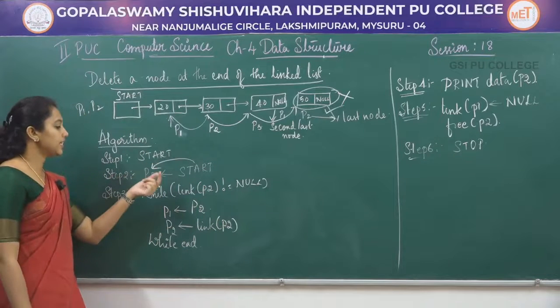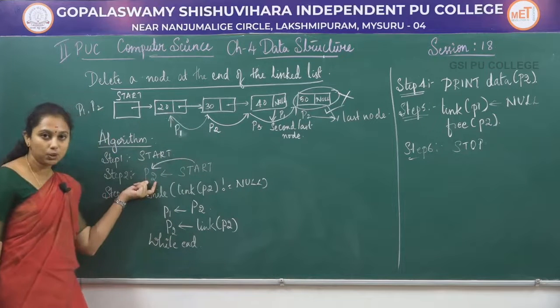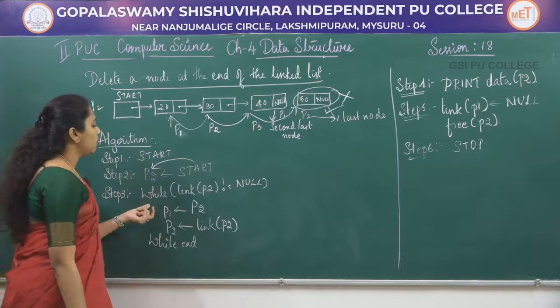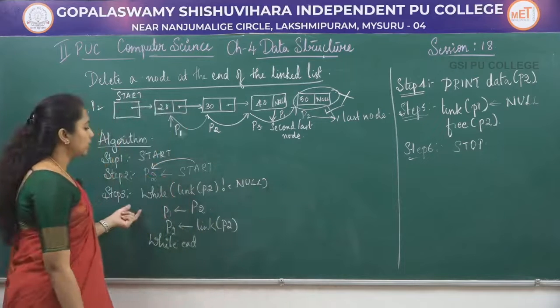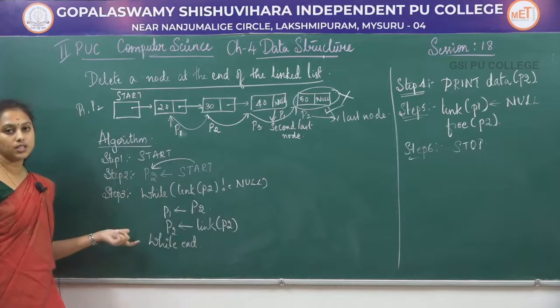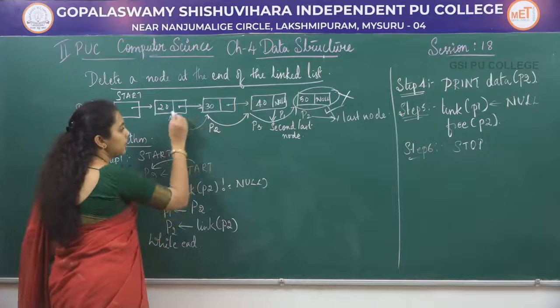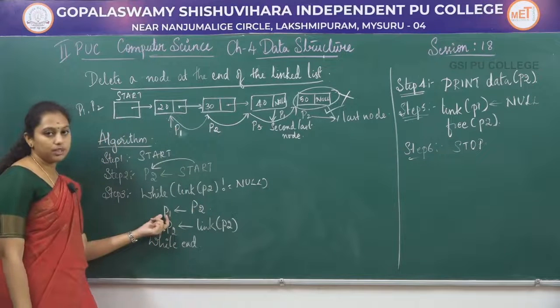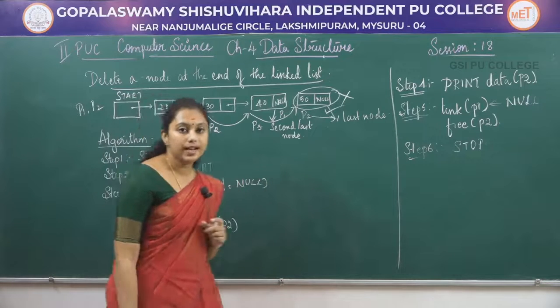The start contains the address of the first node. This first node is considered as P2 initially. While link of P2 is not equal to null, we traverse all the nodes in the linked list. While traversing, the previous node becomes P1 and P2 contains the link of the next node.